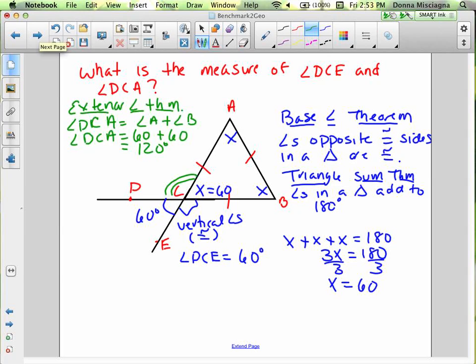Another way you could solve is using a linear pair. And so we know this angle is 60.